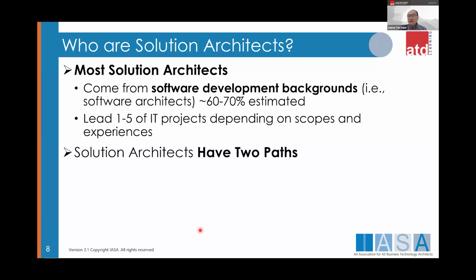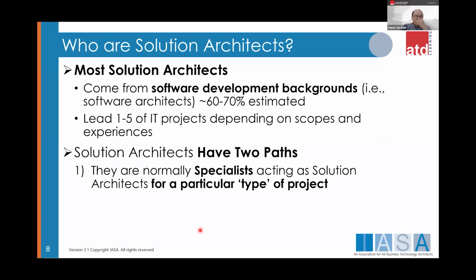And of course, solution architects also have two paths. The first path is called specialist. A specialist is someone acting as a solution architect for a particular type of project, perhaps about telco, financial, insurance, or healthcare. They are very specialized in that.